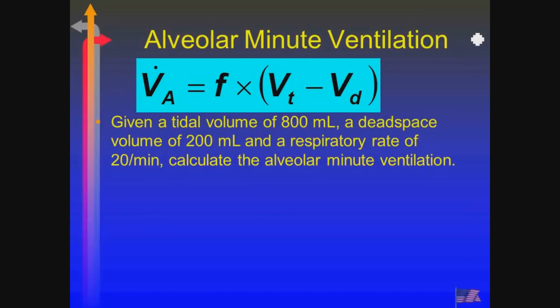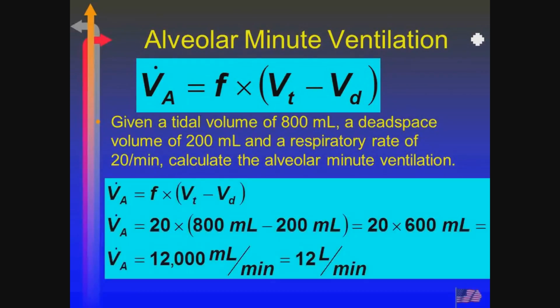Alveolar minute volume, then, is the tidal volume minus the dead space, what we just determined, times the frequency. So again, I have a whole bunch of information there. Tidal volume of 800, dead space volume of 200, respiratory rate of 20. 800 minus 200 is 600, times the 20 is 12,000 milliliters, or more commonly expressed, 12 liters per minute.